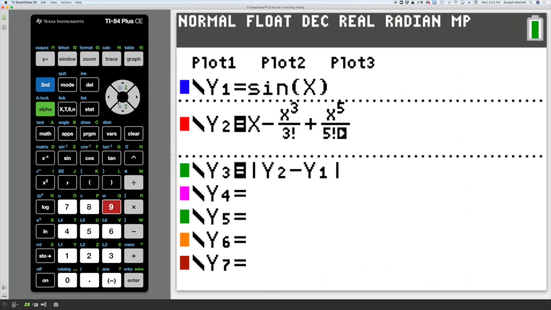Okay, and then again, let's go on top of the equals to turn it off. The only way I can do this is by hitting the arrow buttons. Okay, so let's graph this one.